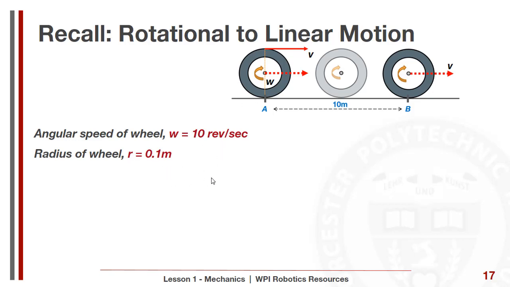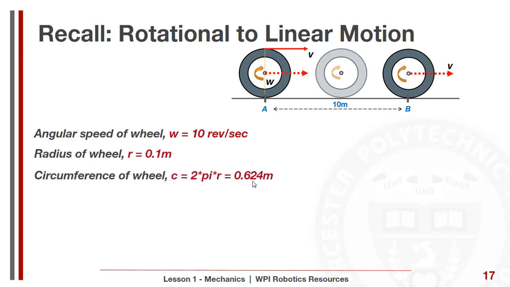And so how do we find how much distance is covered by the wheel in one revolution, or one rotation, given these parameters? Well, you've heard of the term circumference of a circle. The circumference of a circle is the distance around the circle. So the circumference of the wheel will be the distance around the circular path of the wheel.